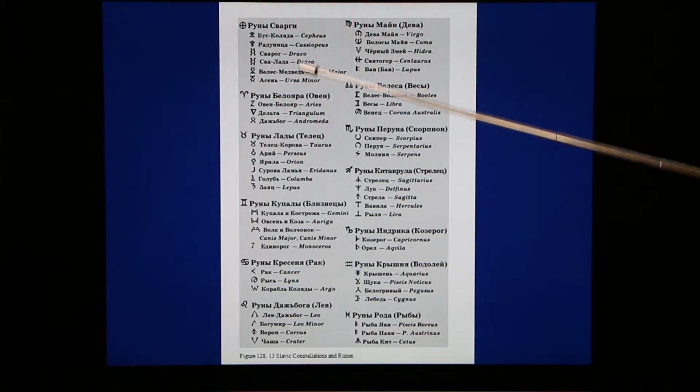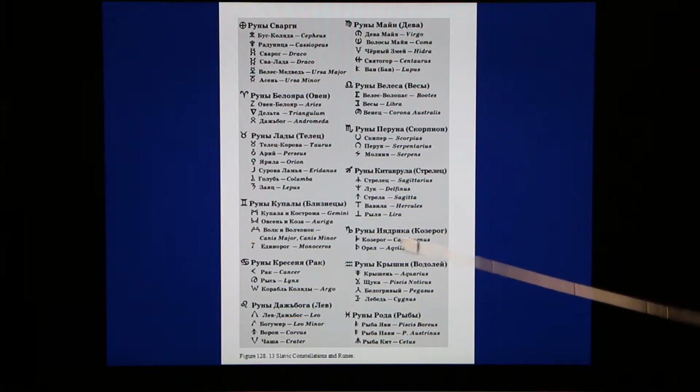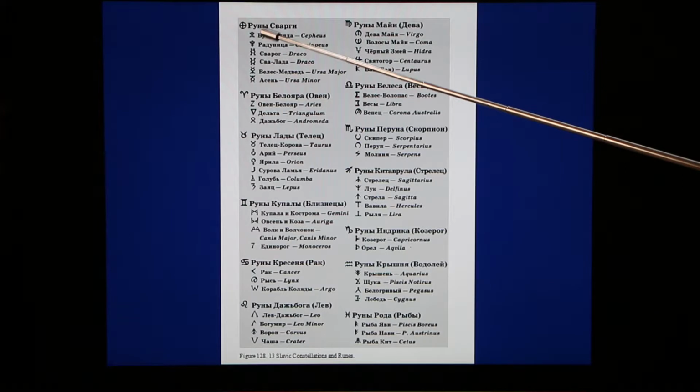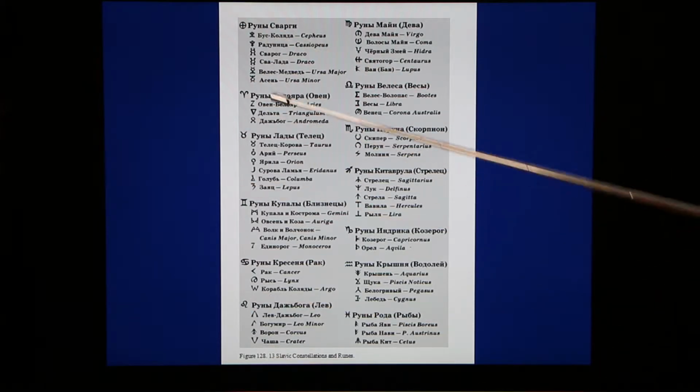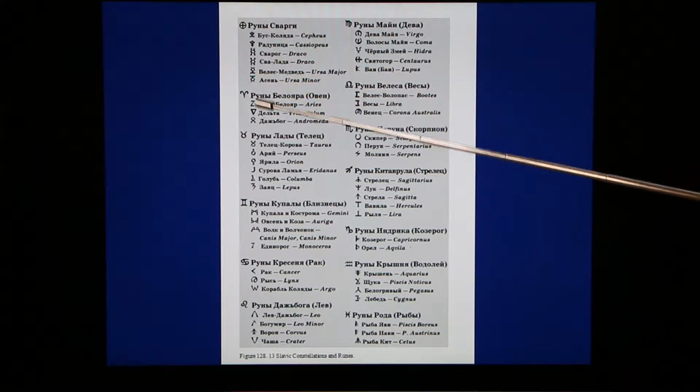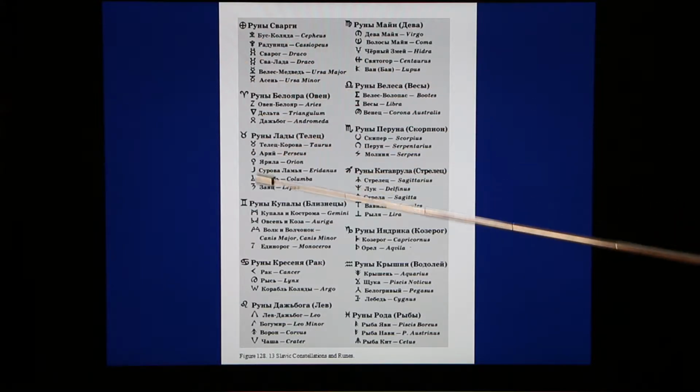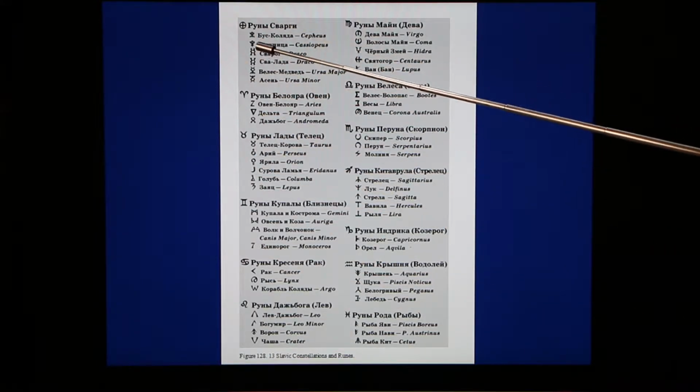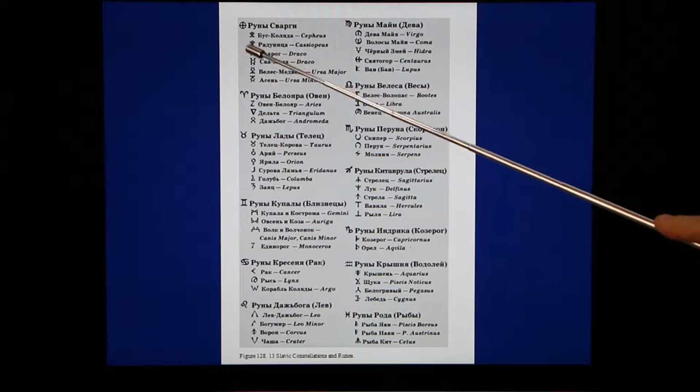The full Russian system is much more complicated than just having 12 signs for the 12 zodiac signs. Within that, you have a number of signs for each, linking up with key stars. And if you look at the second one, it's again a little man.